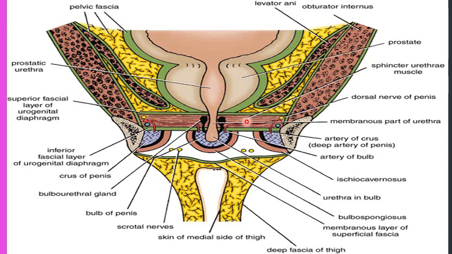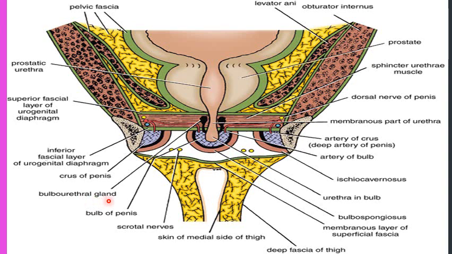Along with that, there are the muscles, the deep transverse perineal muscle and the sphincter urethrae, which is present along the wall of the urethra. Then you can see these black structures. These are the bulbourethral glands.